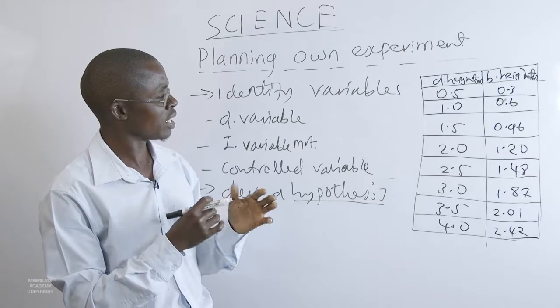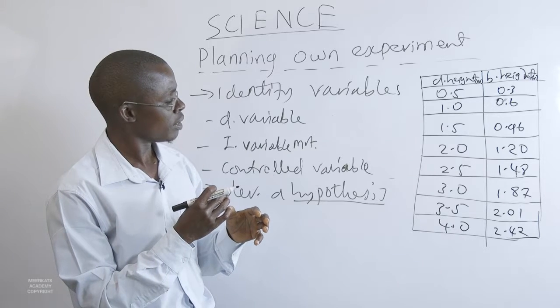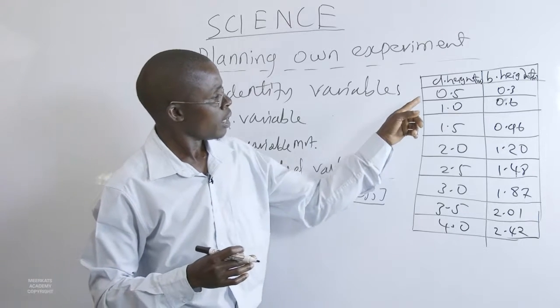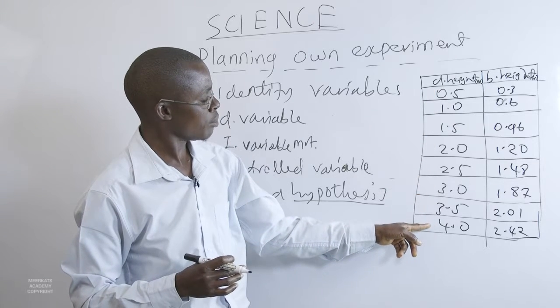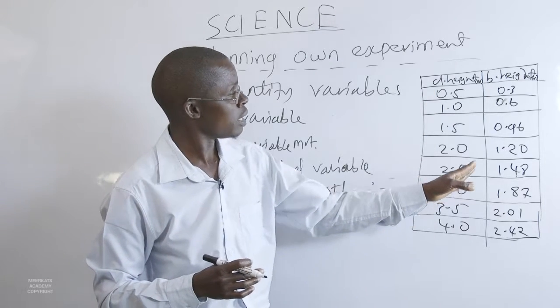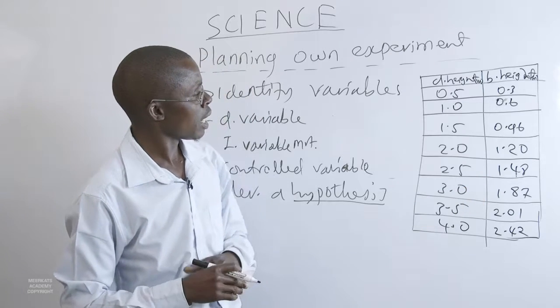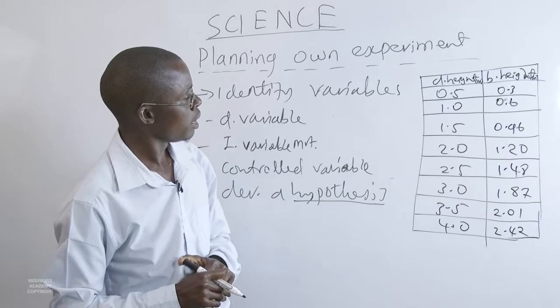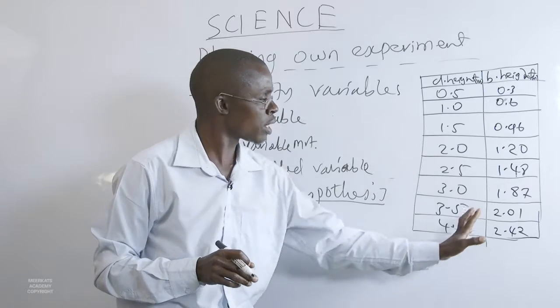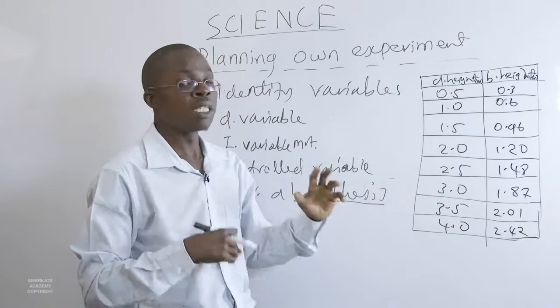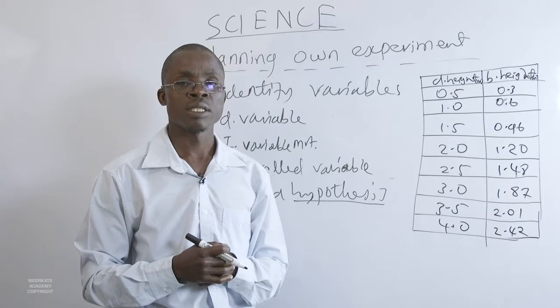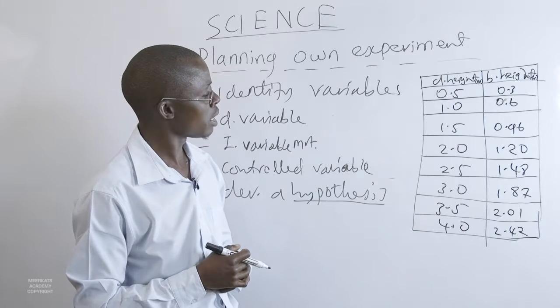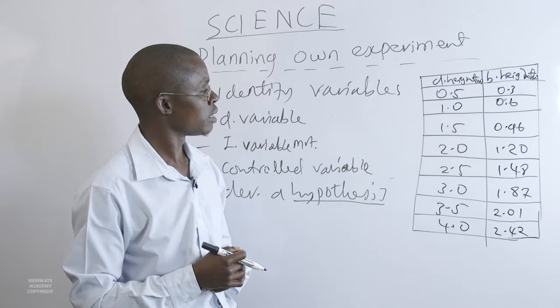We are seeing something continuous: the dropping height, in all the cases in general, is bigger than the bouncing height.